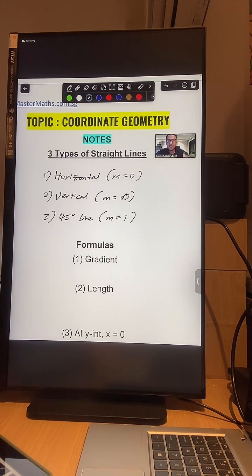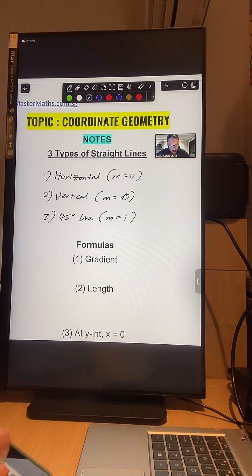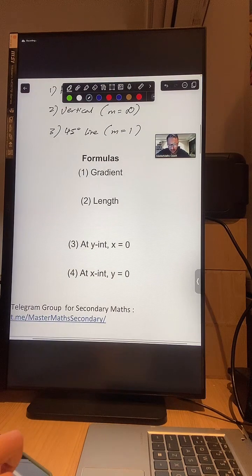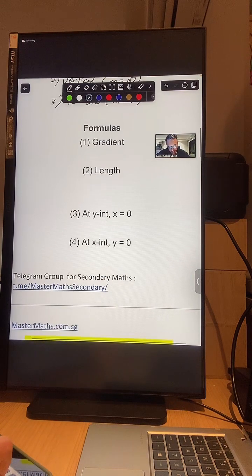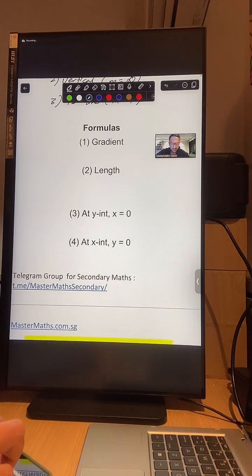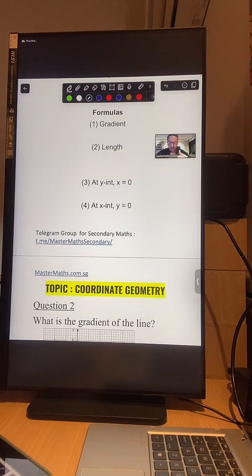We will go through later how you calculate your gradient. Okay, so here we go. There are formulas here to be learned, gradient and length. We will go through those formulas. And then at your y-intercept, your x is equal to 0. Your x-intercept, your y is equal to 0. What does this mean? We will go through that in the questions to come.